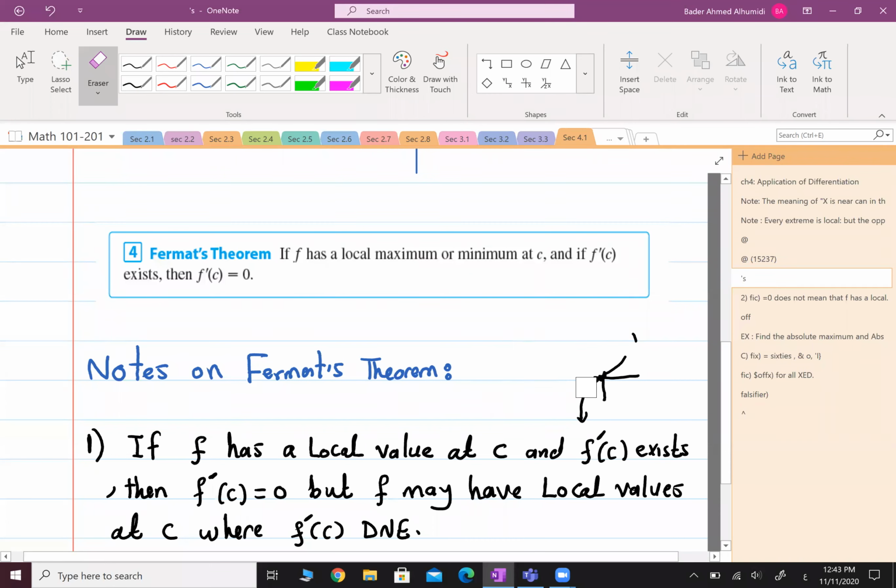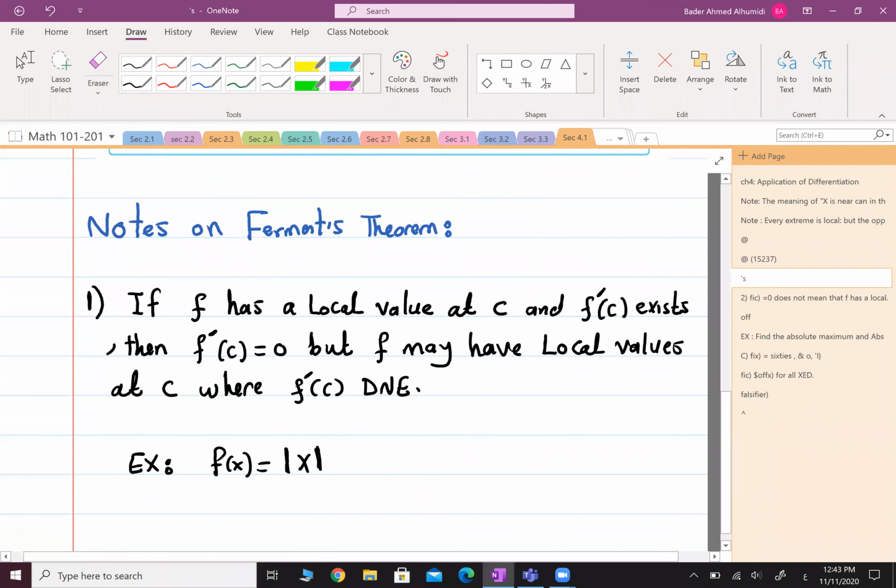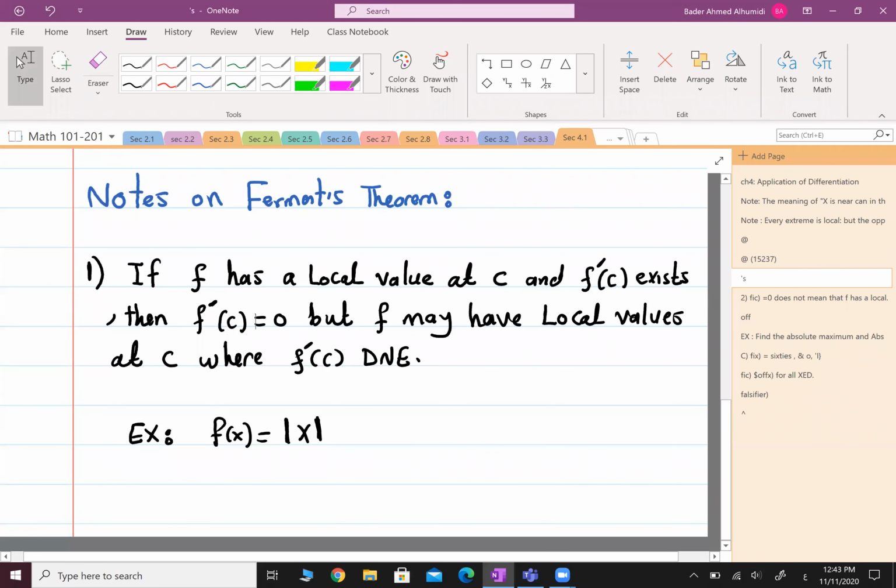This is one point. The second point: does the theorem say that local maximum and local minimum occur only if the derivative is zero? It did not. It said if we have a local maximum and the derivative exists, the derivative is equal to what? Zero. But it does not say that these local values will appear only if the derivative exists. As an example, let us look at the absolute value function. Is it differentiable at zero?